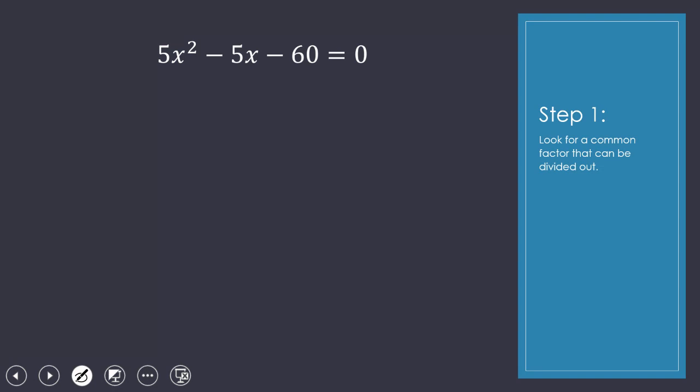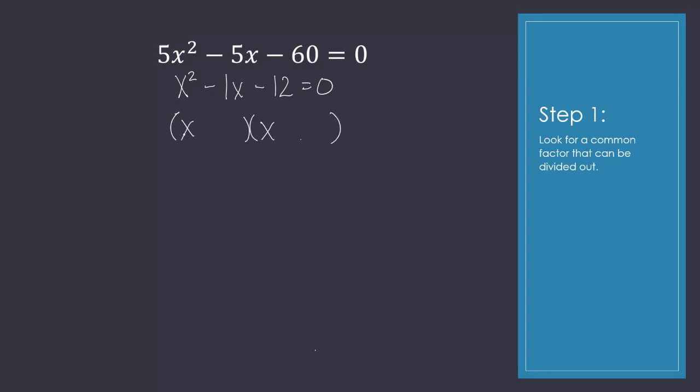Now, you can work with that because your first step is to see if there's anything you can factor out. I look at this and I see, oh, all those numbers are divisible by 5. So maybe I should divide out a 5 from everything. And look, when I do, lo and behold, I have a nice little quadratic where a is 1. I can factor this pretty easily because I know that factors of 12 that make 1 are 3 and 4.